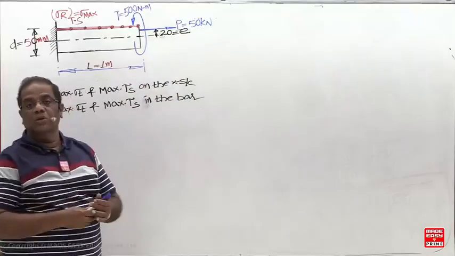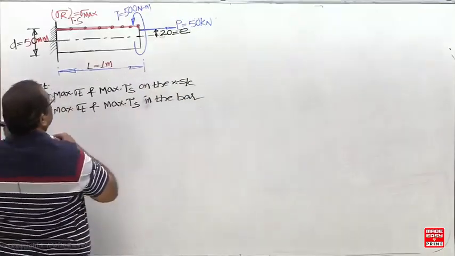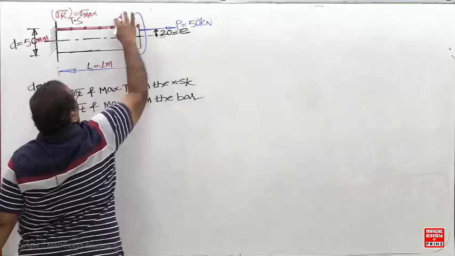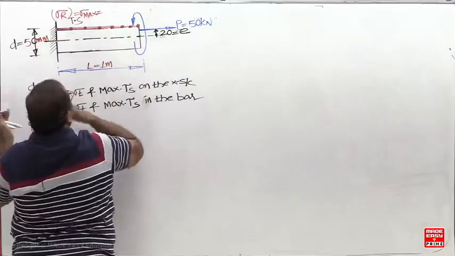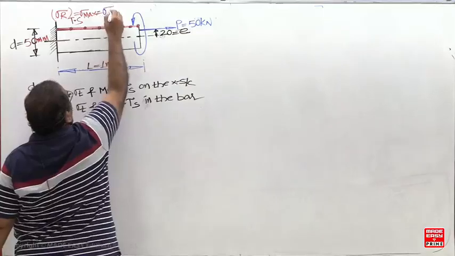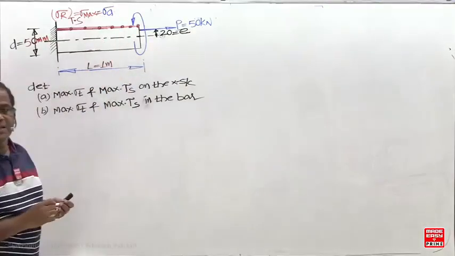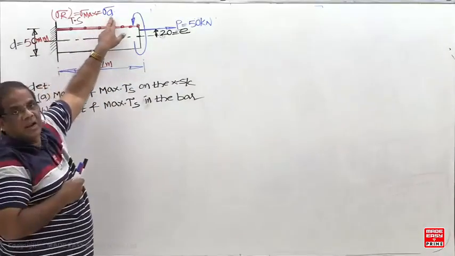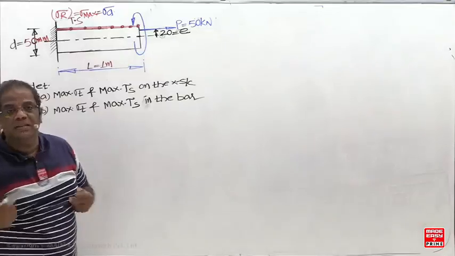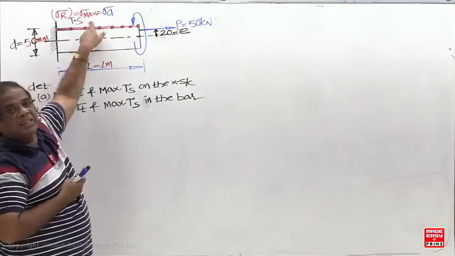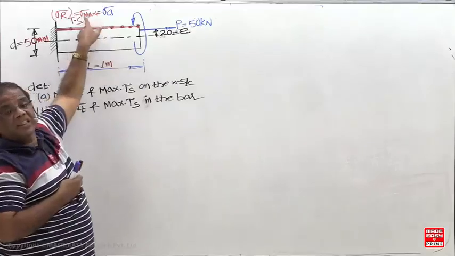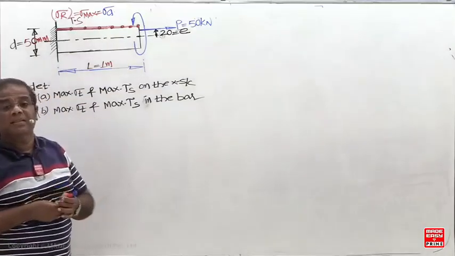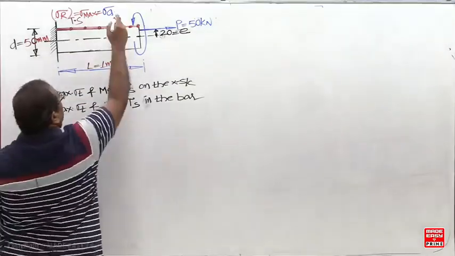It is a tensile load. Therefore the axial stress is going to be tensile. Next, since it is already tensile, the bending stress should also be tensile, because the stress should be maximum. Already the axial stress is tensile, so to make this maximum, do I take plus sigma B max or minus sigma B max? Plus sigma B max.